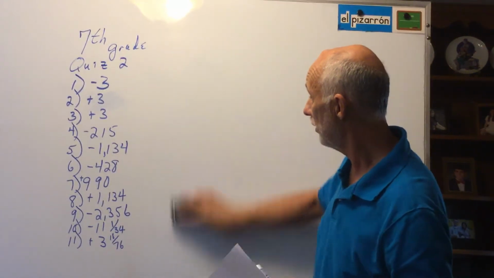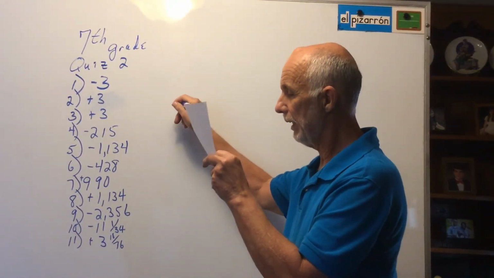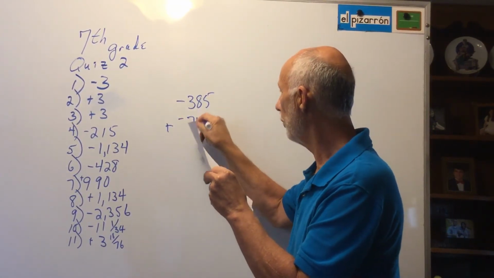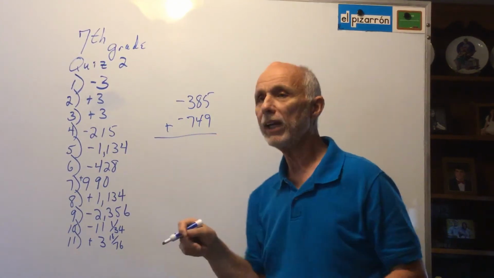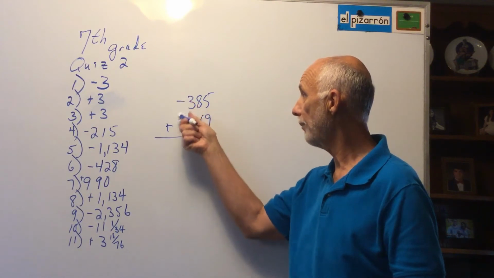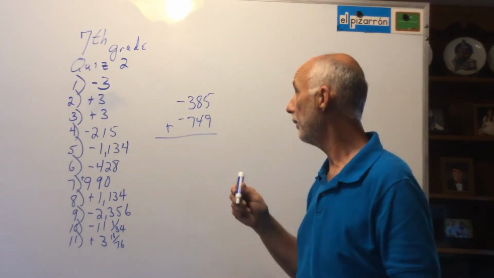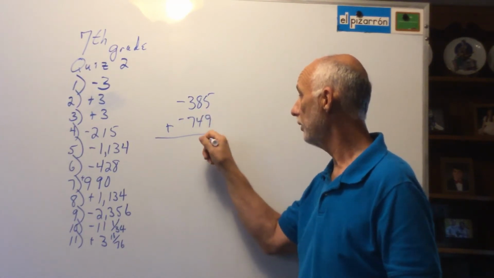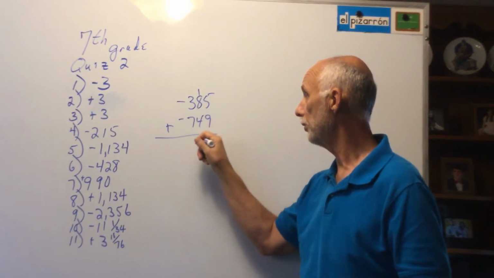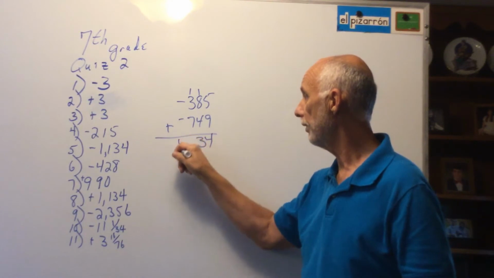The next one was another addition problem. It said a negative 385 plus a negative 749. Again, the first thing you ask yourself is same signs or different signs. This time I have the same signs. So the rule says same signs, add and bring down the sign. 5 plus 9 is 14, carry your 1. 1 plus 8 is 9, plus 4 is 13, carry your 1. 1 plus 3 is 4, plus 7 is 11.